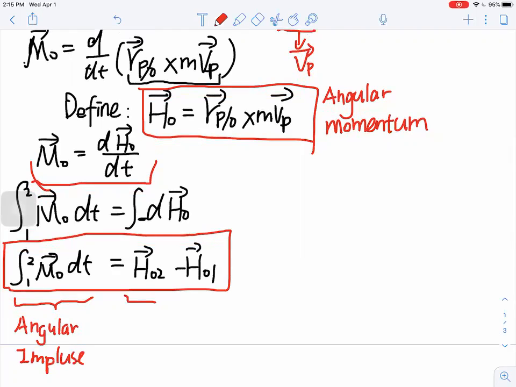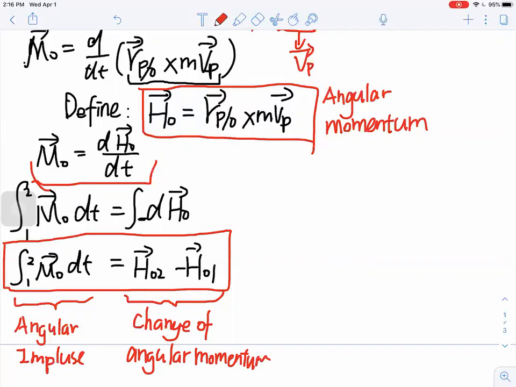On the right-hand side, that's the change of the angular momentum. It's pretty similar to what we learned in the linear impulse momentum equation.